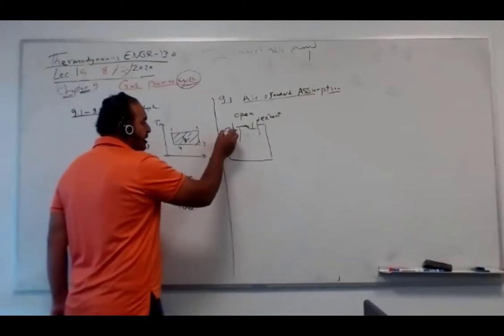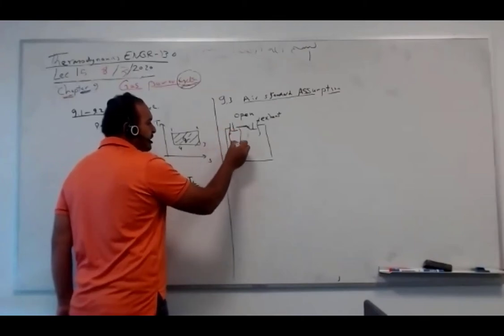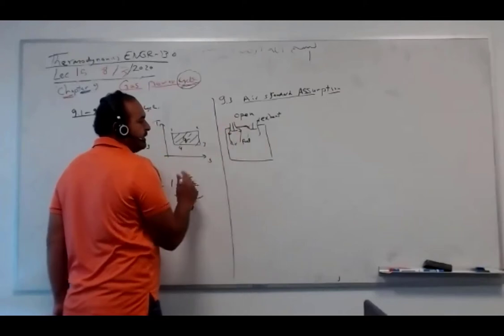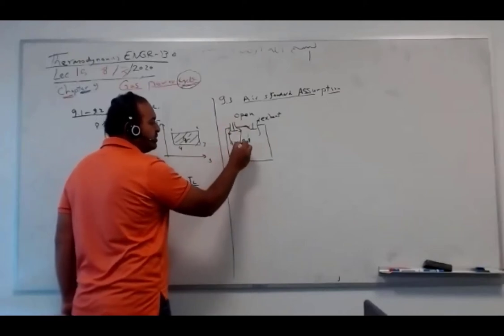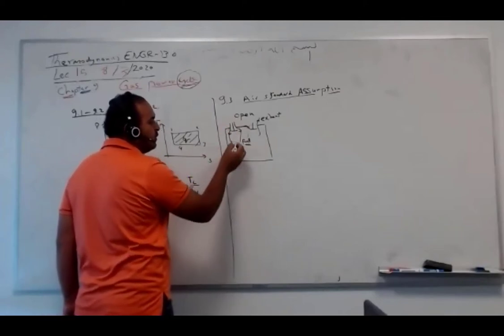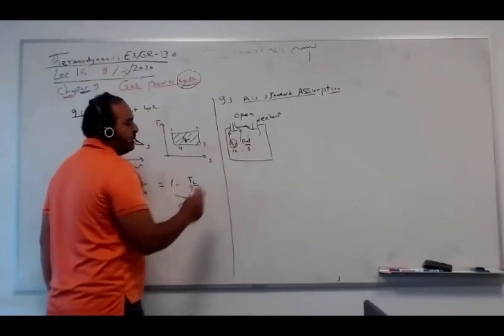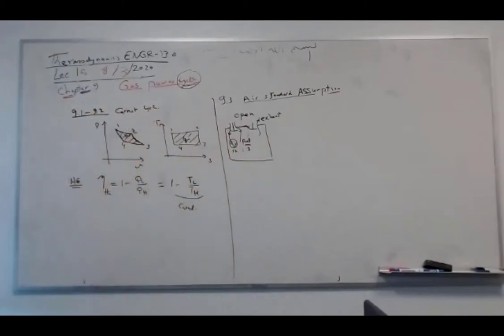We can see the air stream and the fuel stream come inside. The air is much larger than the fuel, so we can assume mostly air, like a ratio of 20 to 1, 15 to 1. It means too much air compared to fuel.